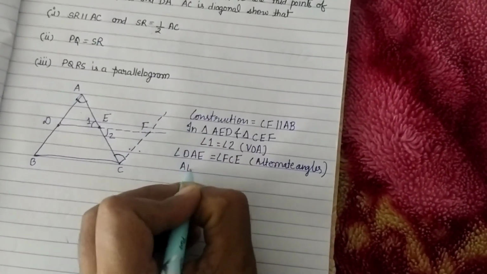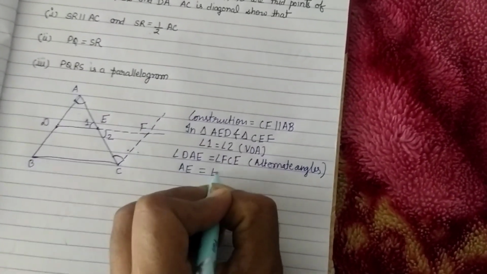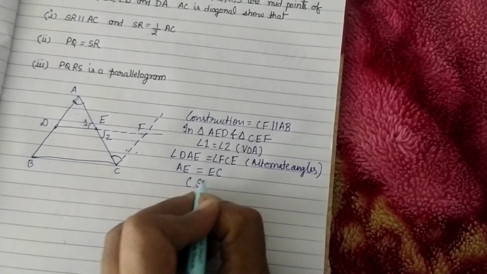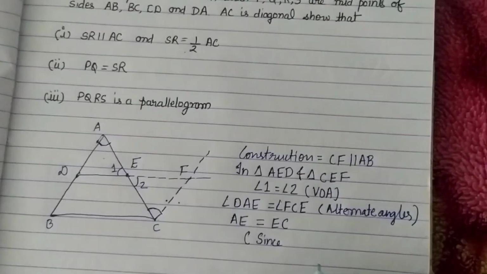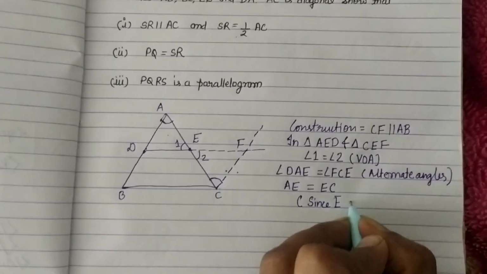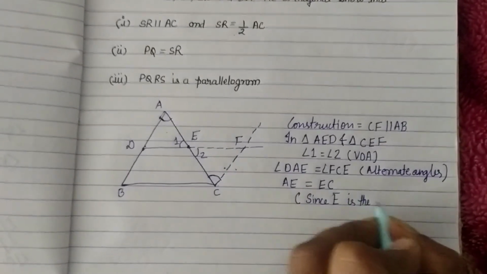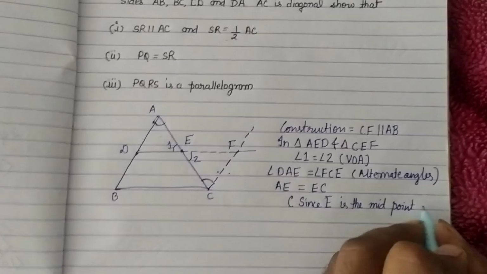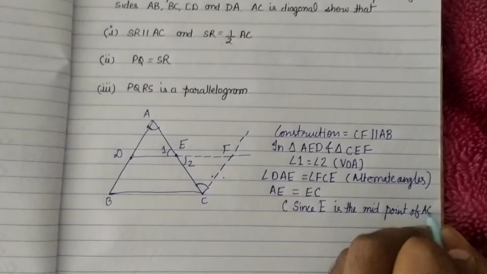And AE is equal to EC since E is the midpoint of AC.